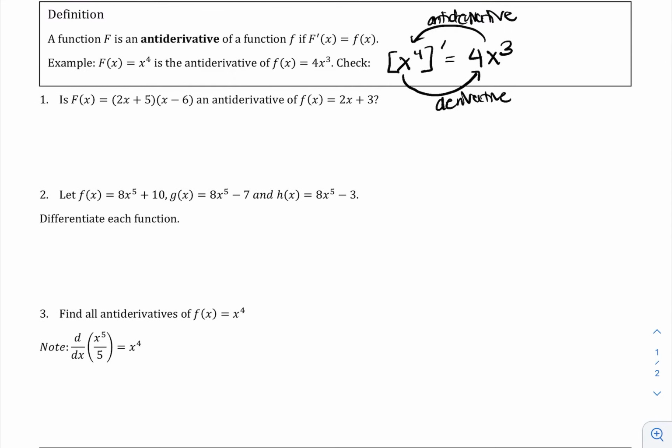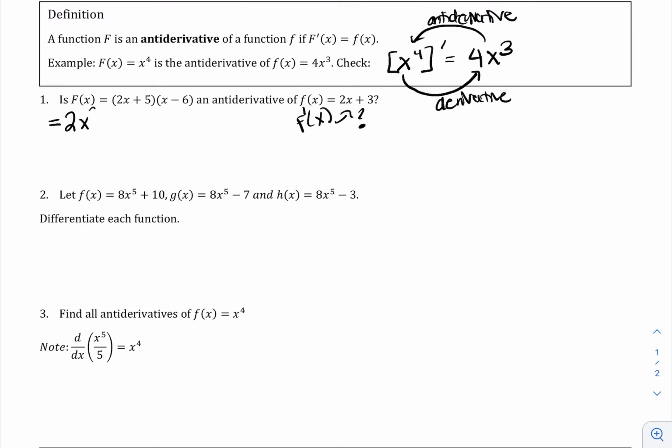It's asking us if (2x + 5)(x - 6) is an antiderivative of 2x + 3. If it's true, we should be able to take the derivative of capital F and get back 2x + 3. So let's take the derivative of capital F. Now we could use the product rule, but I prefer to FOIL out and then find the derivative.